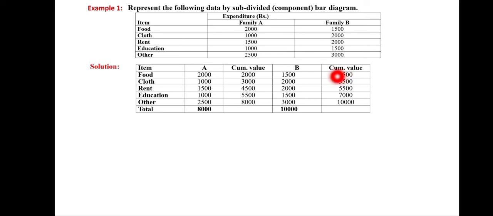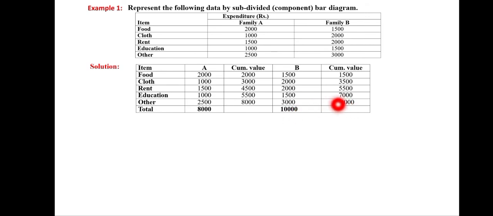And now coming to family B, how to calculate the cumulative values here. So here first value is 1500. To write down the next value, 1500 plus 2000, 3500, plus 2000, 5500, plus 1500, that is 7000, plus 3000, that is 10,000.